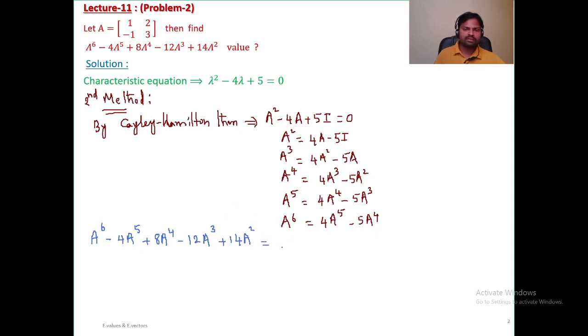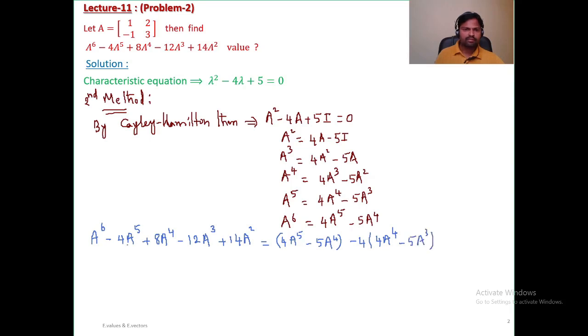The A power 6 value is 4A to the power of 5 minus 5A to the power of 4. Next, minus 4 times A power 5, whose value is 4A to the power of 4 minus 5A to the power of 3.